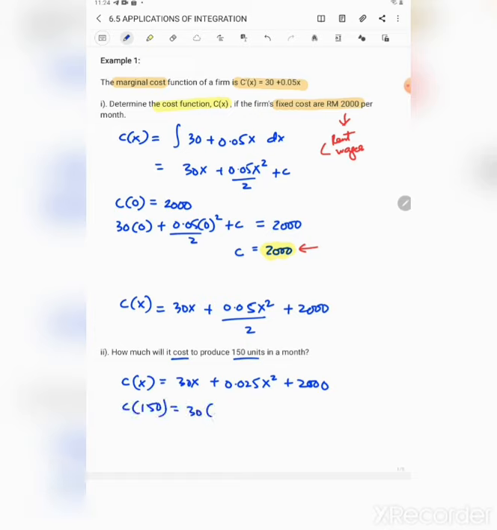We get 30 multiplied by 150 plus 0.025 times 150 squared plus 2000. When you press your calculator, you'll get the value. Because the unit for cost is RM, it is 7,062 ringgit and 50 cent. This is the cost incurred when the company produces 150 units in a month. So I hope you understand example 1.